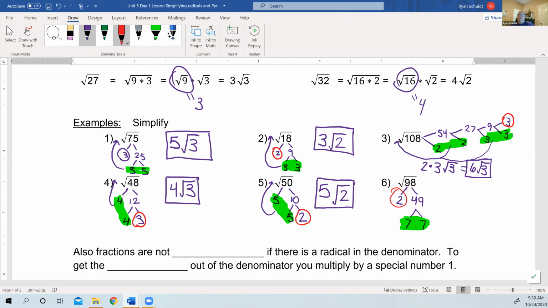Single stays home. So they're coming out. They're going on a date. We're going to have 7. And then who stays home? The 2. So 7 square roots of 2.